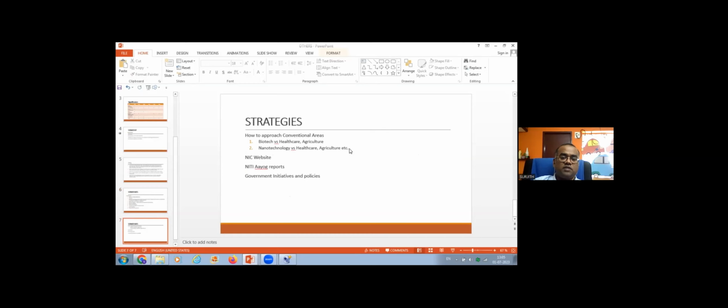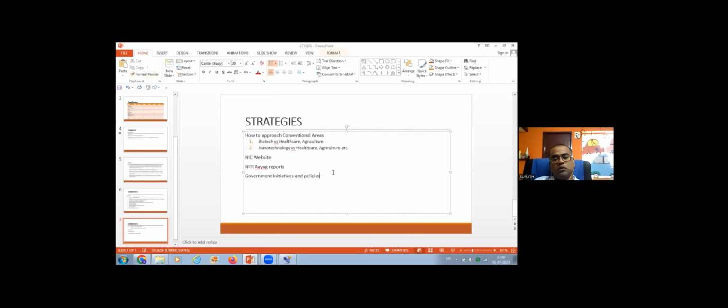Conventional areas I have mentioned: biotech applications in these sectors, nanotechnology applications, space technology applications, like that you have to prepare. So the NIC website I have mentioned, Niti Aayog reports, all the recent government initiatives and policies.